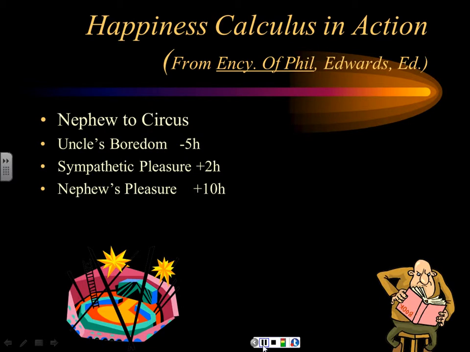But then there's the nephew's pleasure itself. Let's say he gets a lot of enjoyment out of it, plus 10 hedons. Well, you can do the math pretty easily, right? It's plus 10 plus 2 plus 12 minus 5, it's plus 7 hedons on this side. So that's what will be produced in terms of consequences for pleasure if you take this route.